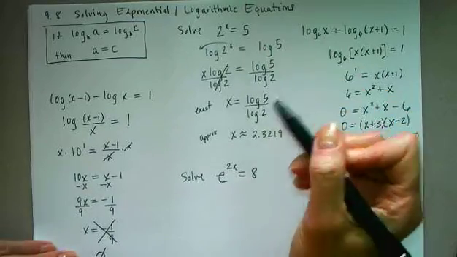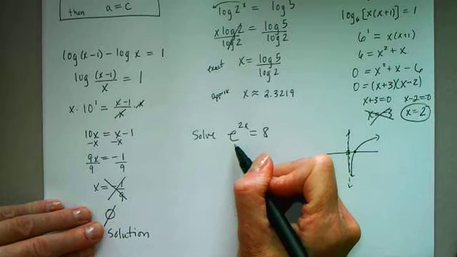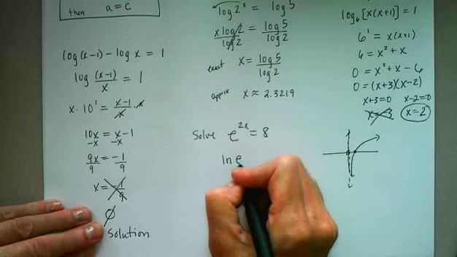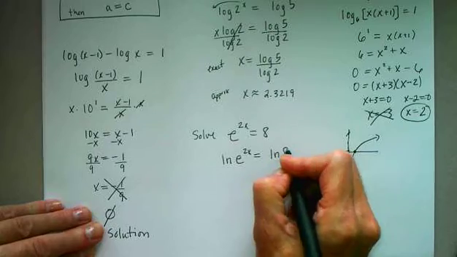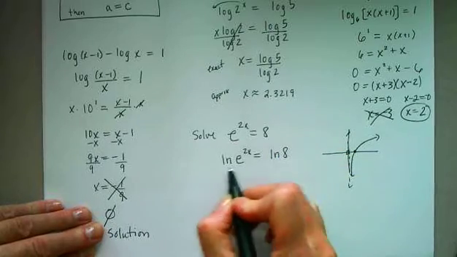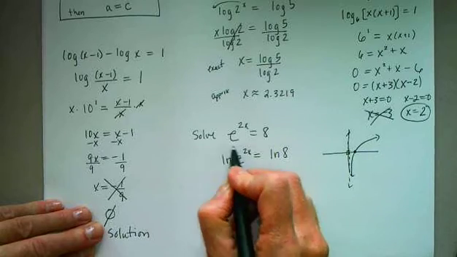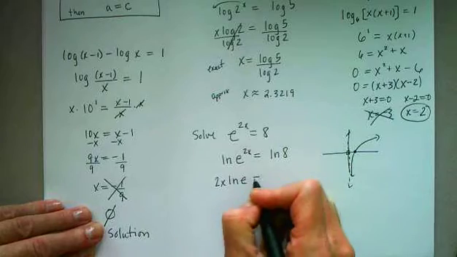And that would work, but because I have an e in the problem, it will simplify our work if instead of taking the log, we take the natural log of both sides. And you'll see why that's convenient in just a second. But we take the log or the natural log of both sides. Then we're able to pull our variable down so it's not locked up in the exponent anymore.